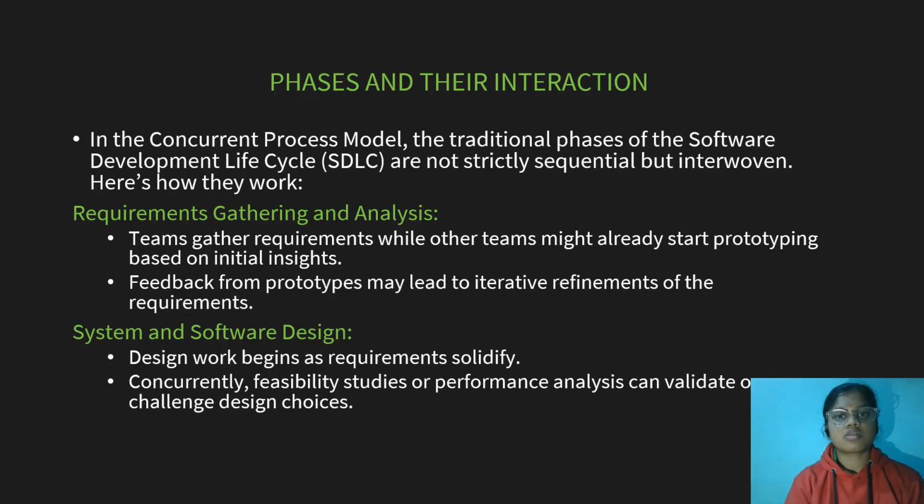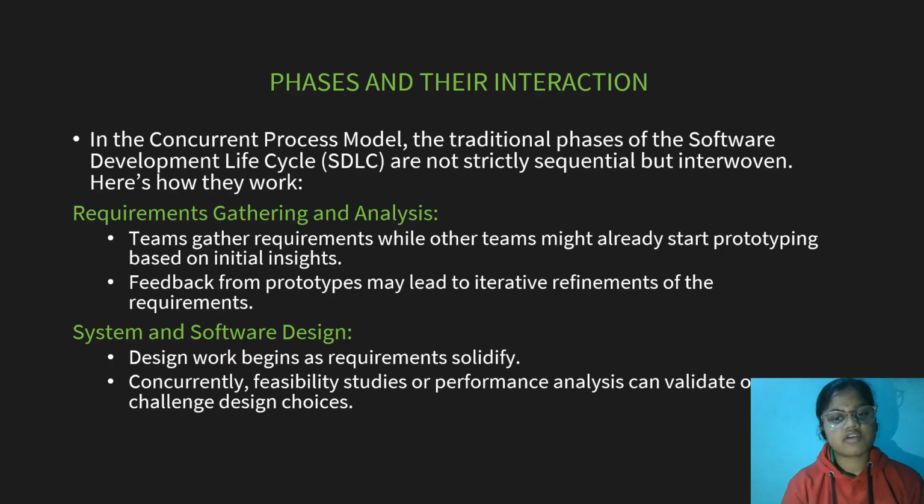We need to collect the software details, the hardware, the language we are using, and the client's idea about the project. We need to gather all this information, and it is gathered in the concurrent process model stage also.